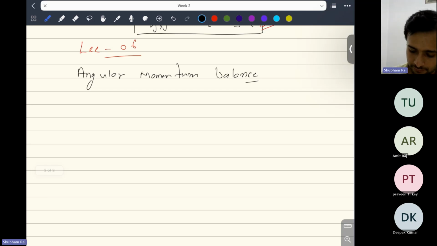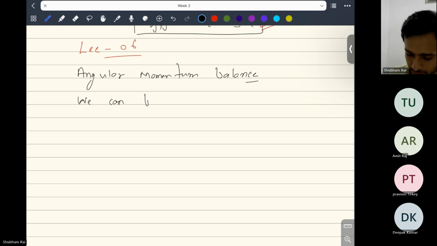And you also have learned that we can balance angular momentum either about a fixed point or about the center of mass of the body. So we can do angular momentum balance about any point, but we will prefer to do it about center of mass of the body.